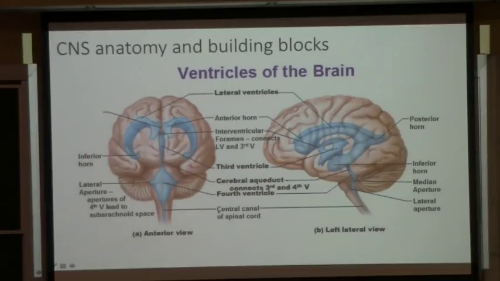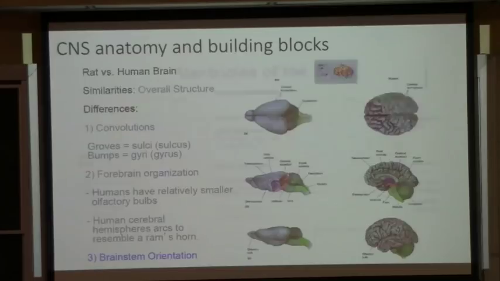I don't know if it helps, but it helps you memorize the shape. So remember the lateral ventricle, third ventricle, fourth ventricle, and cerebral aqueduct. You know the names and you know how they look. That's pretty much it.